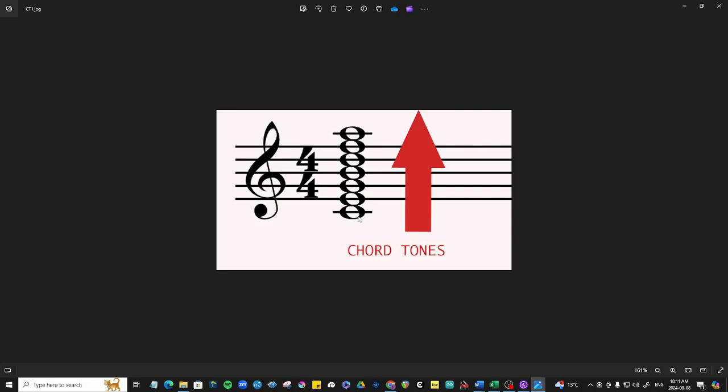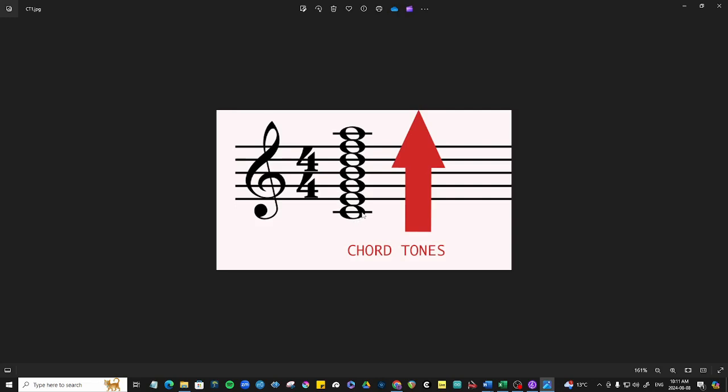And the way that music works is basically it goes line, space, line, space, line, space, and it goes up the staff like that. So this is C, and then space would be D, E, F, G, A, B, C, D, E, F, G, A. So the notes just keep going up like that.